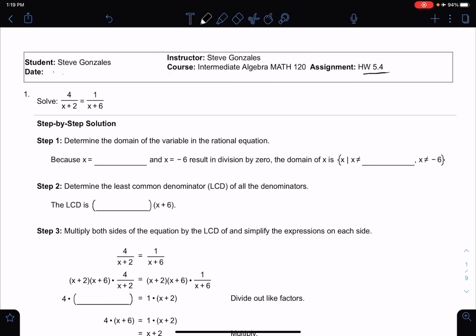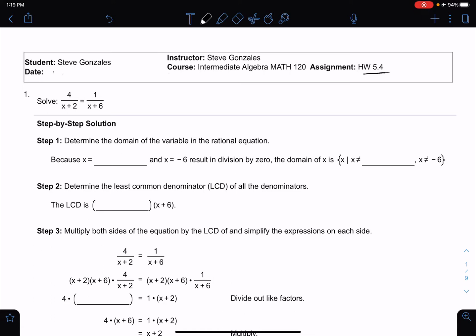And 5.4 is all about rational equations. So that would be equations that have fractions that are made up of polynomials. Now, the idea of this is that you have an equation with fractions, and our number one strategy is to knock out those fractions by multiplying the left and right side of the equation by the LCD.